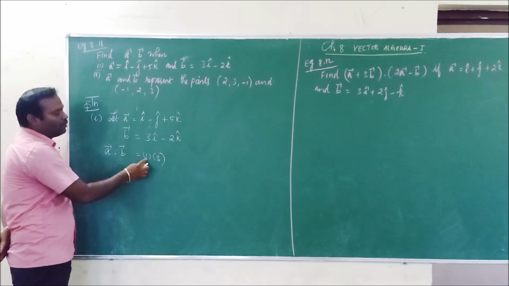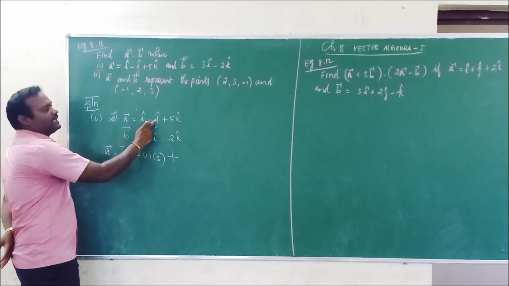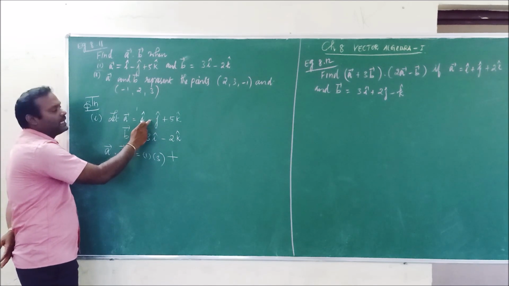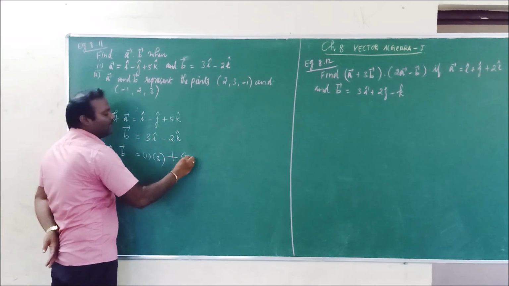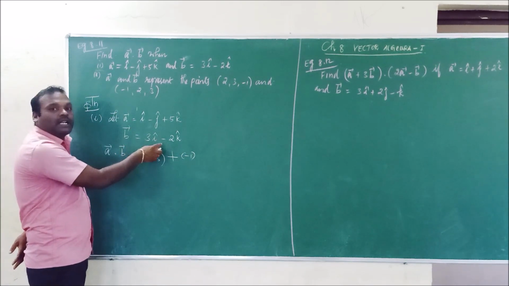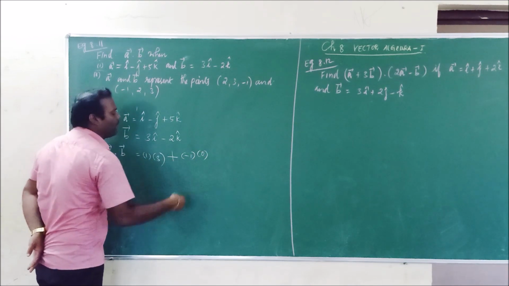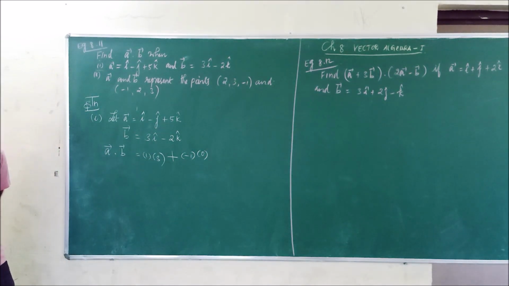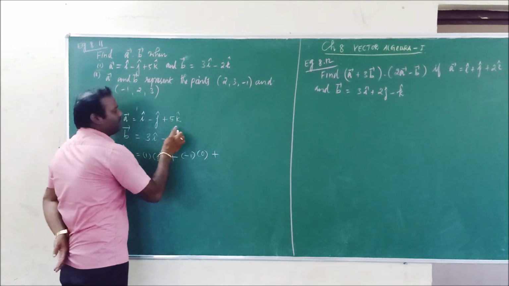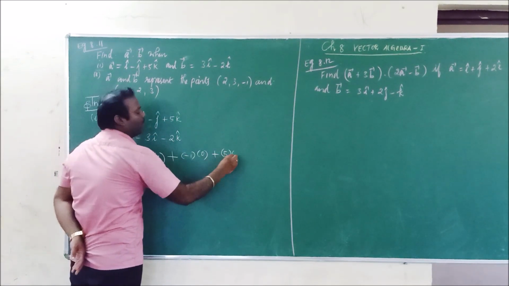So I have multiplied this. Plus, after that you take the j component number. Here it is minus 1, and in the other vector you do not have j at all, so you take that component as 0. Next, here the k component is 5 and here the k component is minus 2.